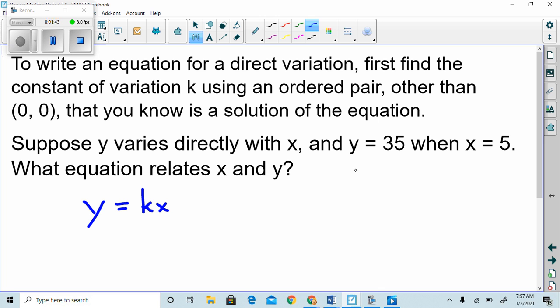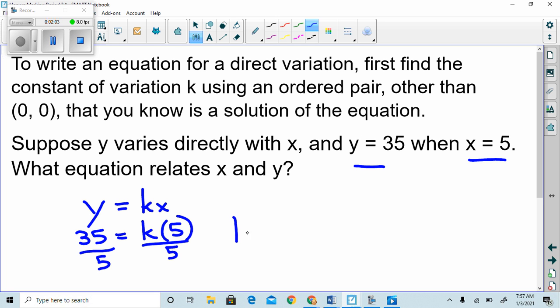So when we're given these two points here, or it's actually one point, an x and a y that fall on the line, we're going to replace what we know into this model and solve for k. And I find that k is equal to 7.